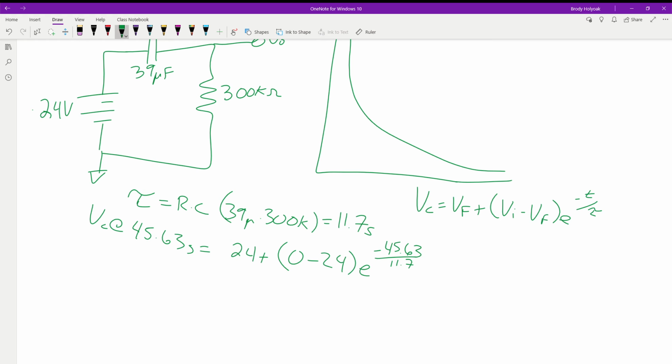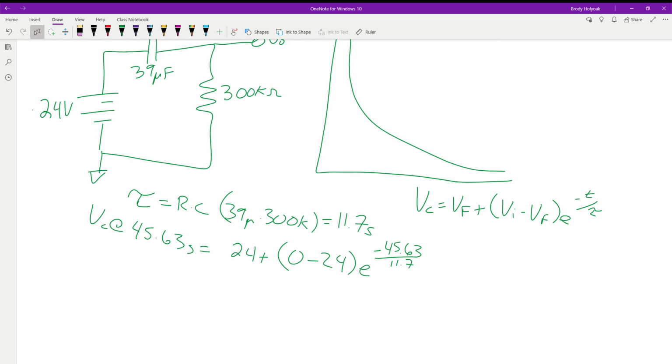This is an instance where we're not given a specific 1, 2, 3, 4, or 5 tau. It says we want to know the voltage at this time. First thing I want to do is double check my answer, just so I know where I'm supposed to be.